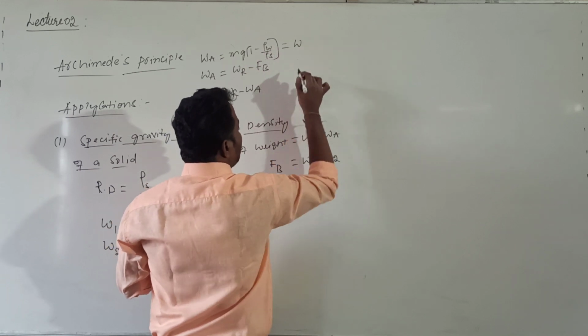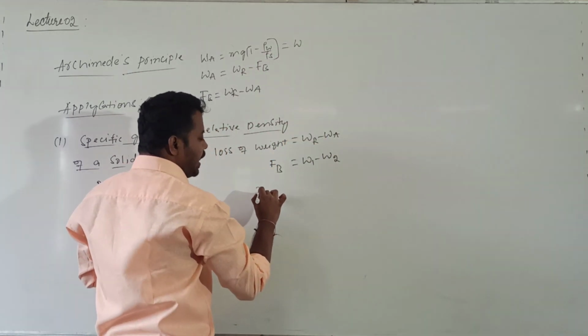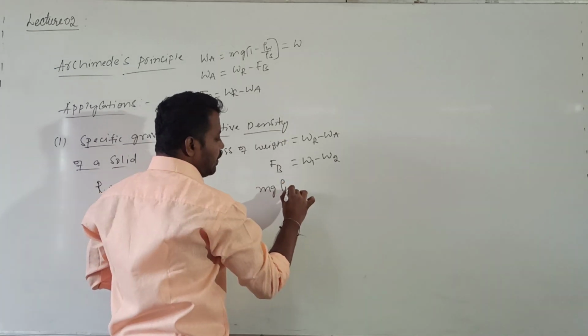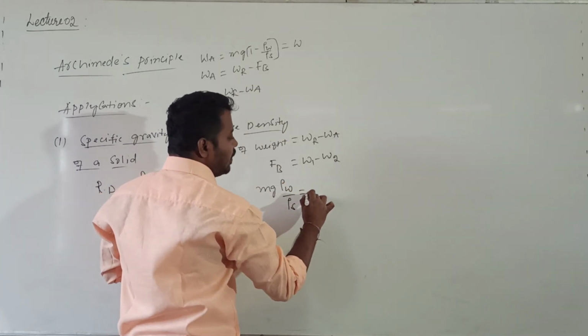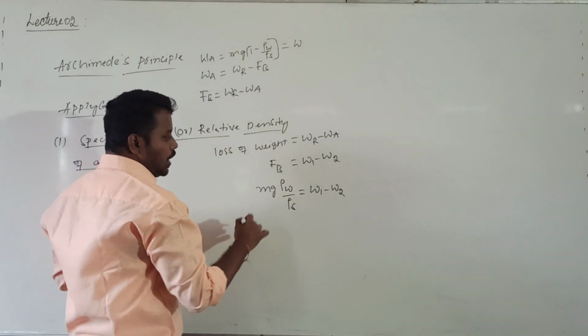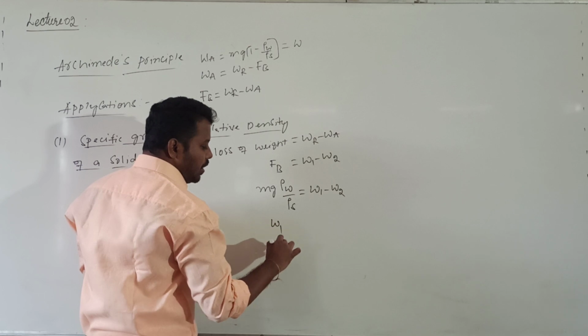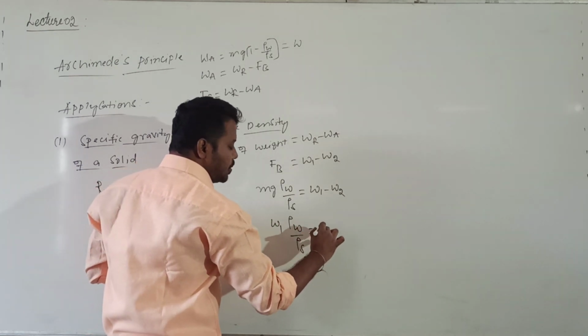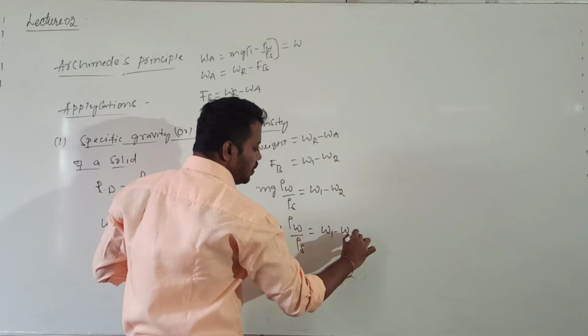Mg value is equal to W1. First I will write m into g into rho W divided by rho S, which is equal to W1 minus W2. So mg is nothing but W1, the weight value in air. So rho W by rho S into W1 equals W1 minus W2.